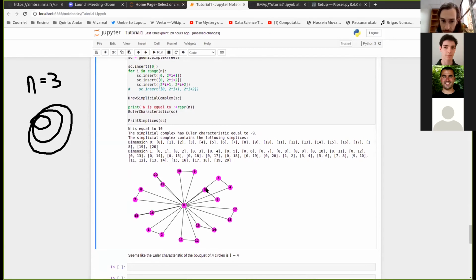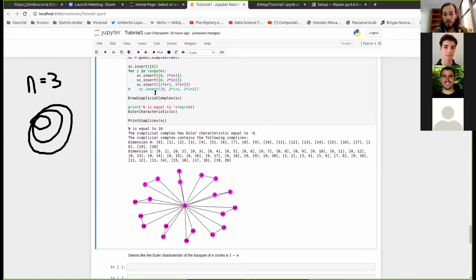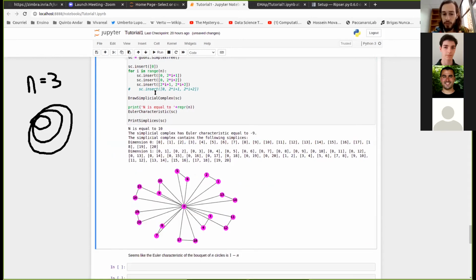As you can see here, the edges of the triangle 0, 5, 6 cut the edge 5, 6 and the edge 0, 4, because the points are chosen basically at random. So take care that if edges cross, the drawing is not a faithful representation of our simplicial complex.